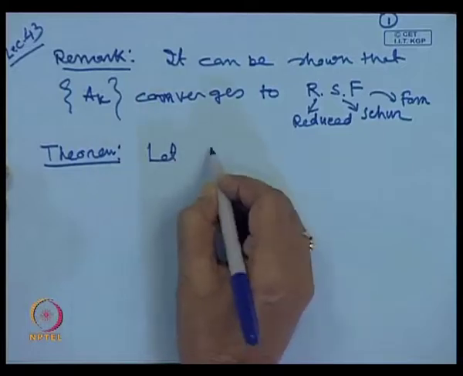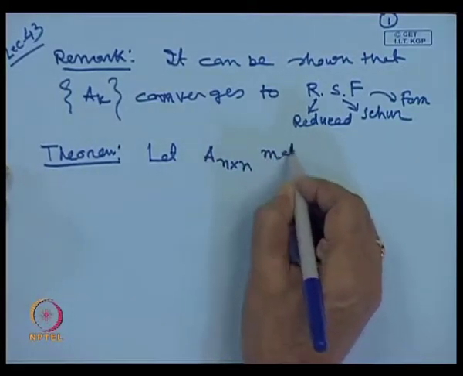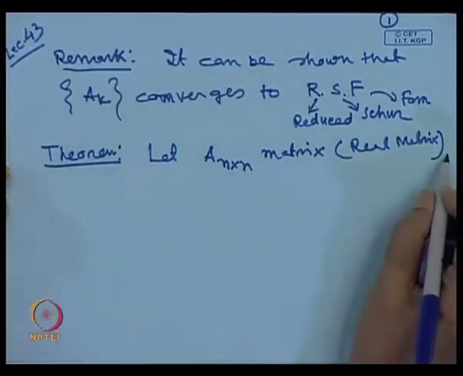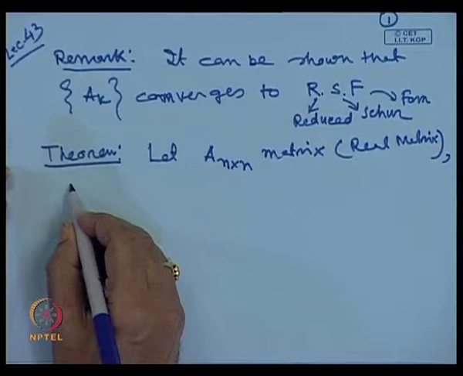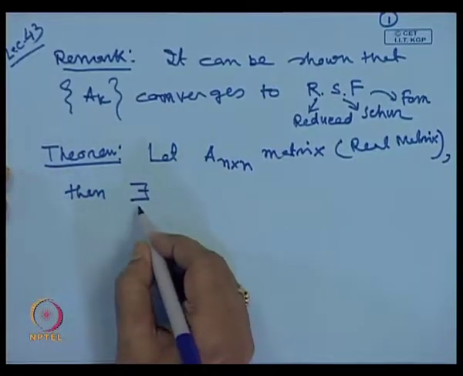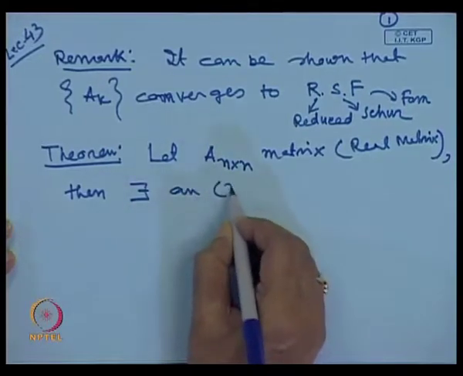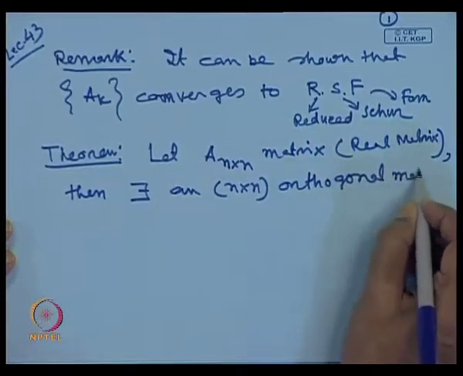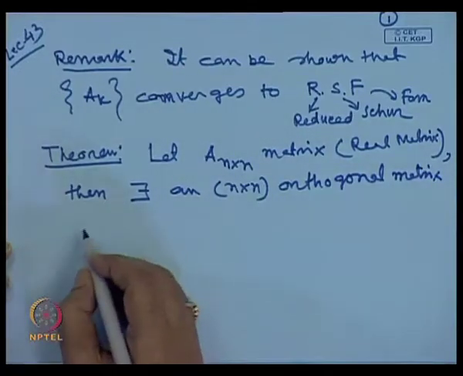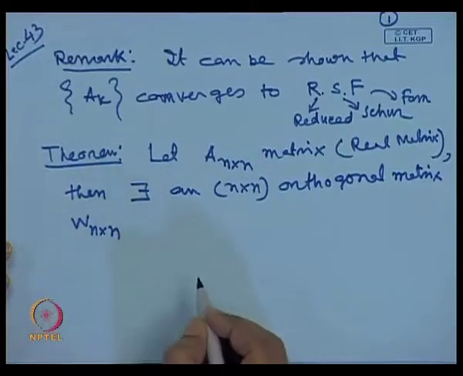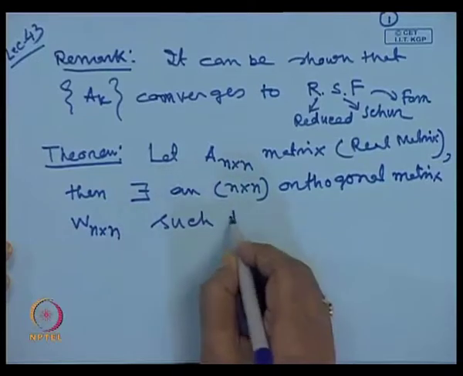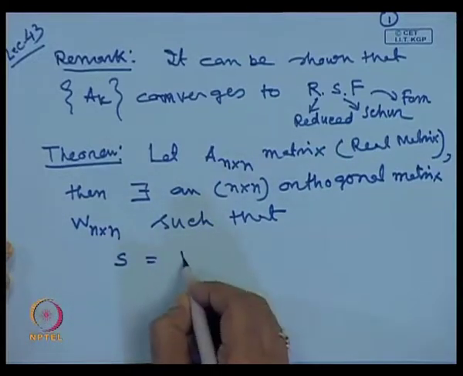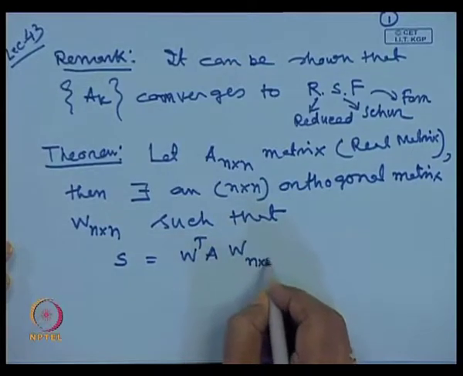Let A be an n cross n real matrix, then there exists an n cross n orthogonal matrix W such that S is equal to W transpose A W, and this W is n cross n.